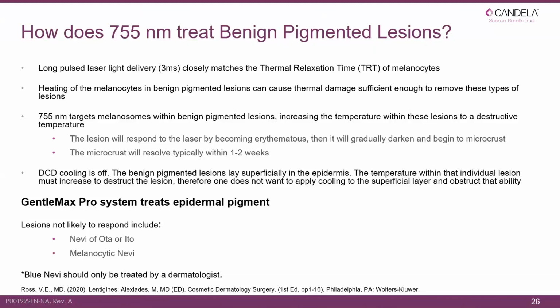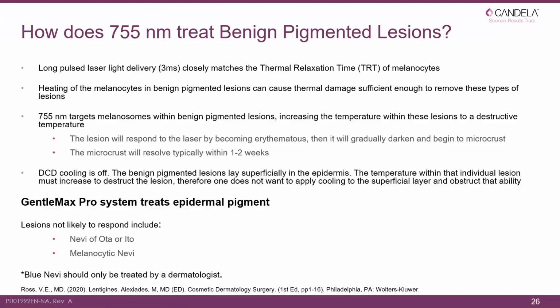We don't use any cooling when we're treating with the Alexandrite. Because the lesion is sitting superficially in the epidermis, if we were to cool the epidermis, we would then potentially need higher fluence and therefore more heat in order to reach the heat threshold to destroy the melanocytes. So we would, in effect, be fighting against ourselves if we were trying to do that by cooling the skin.